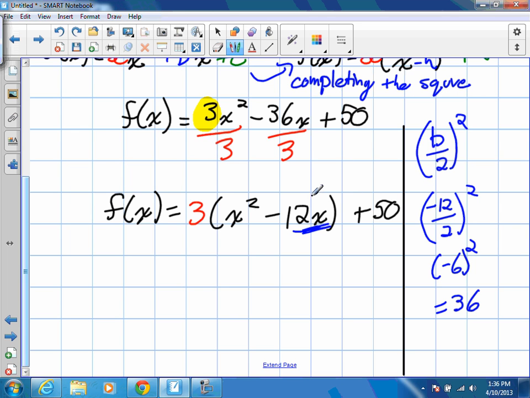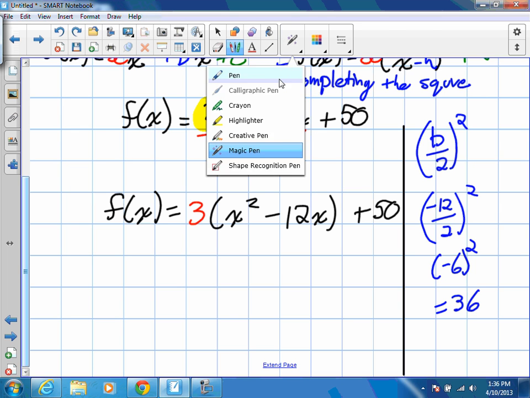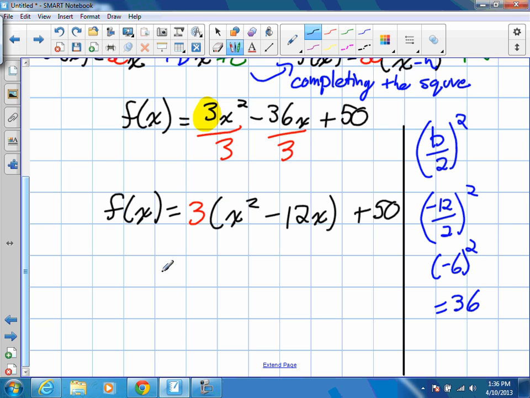If I add 36 and subtract 36, what do those equate to? 0. So it's like adding a 0. I'm not changing anything. I'm keeping my one side balanced by doing this. Okay? So we'll then have 3 times x squared minus 12x, and we'll be adding 36 and subtracting 36 in the bracket.